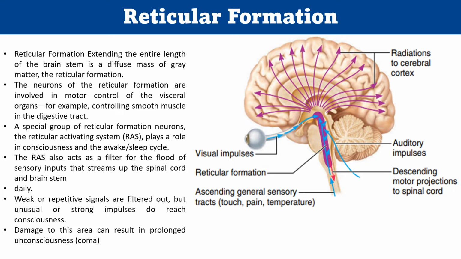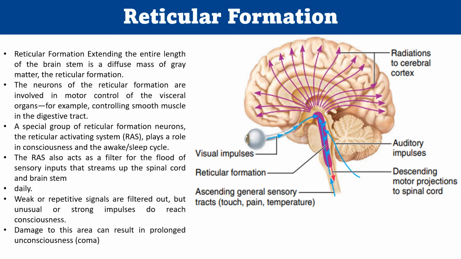The RAS, or reticular activating system, also acts as a filter for the flood of sensory inputs that streams up the spinal cord and the brain stem. Weak or repetitive signals are filtered out, but unusual or strong impulses do reach consciousness.